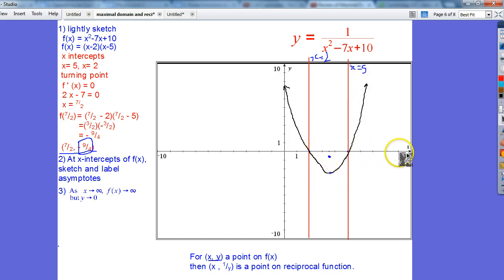So as x increases, the y coordinate of the parabola increases. But for the reciprocal function, that's going to make the reciprocal function y go down to 0. So that means we've got another asymptote. Sketch the asymptote here, y equals 0.